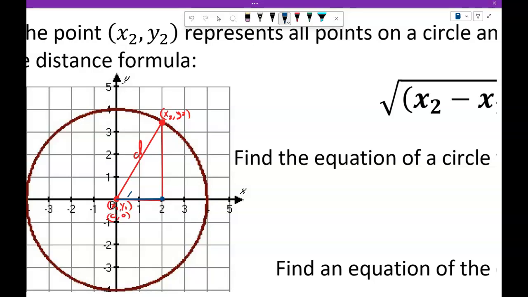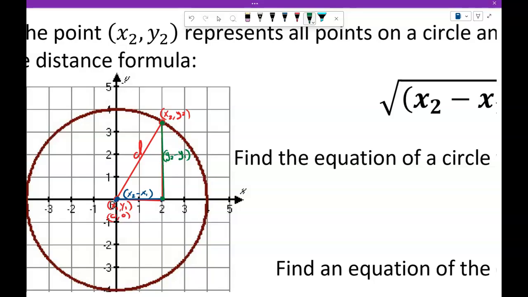So I take my second x value and subtract my first x value, and then I get this distance on my horizontal axis. Then, to find the vertical distance, here to here, I take the y value of this point up here and subtract the y value from down here, which is just 0. So I take y2 minus y1, and then I get the distance on this leg.